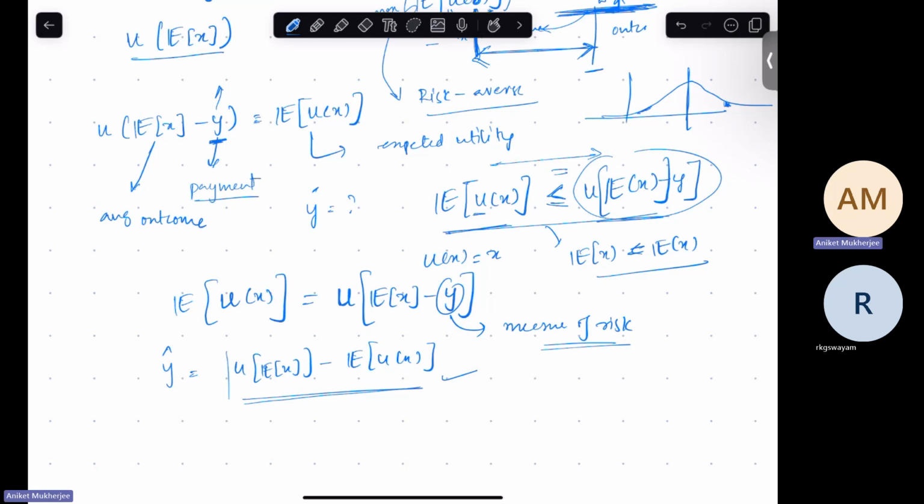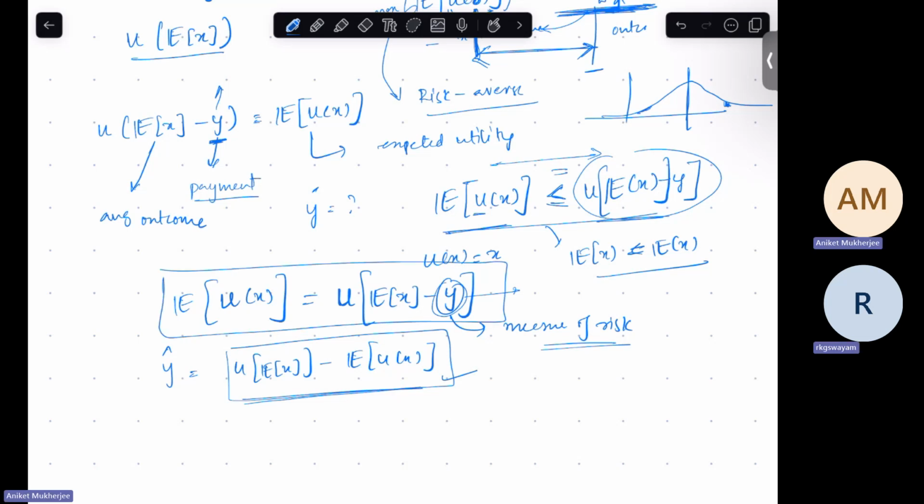In the next class, I'll give you a closed form solution for y. It's not that difficult actually. You do a Taylor expansion for this and a Taylor expansion for this, and you get something.